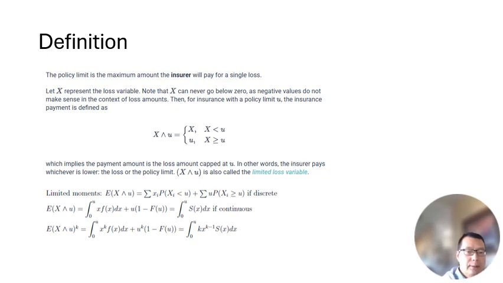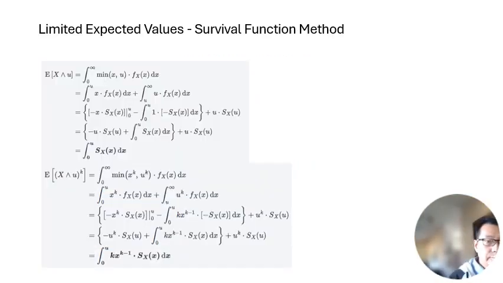So this part is the formula. You don't need to be able to deduce it, but we are still going to talk about it in the next slide. Okay, here is the process to deduce the expected value for X ∧ mu and X ∧ mu raised to the power of k.